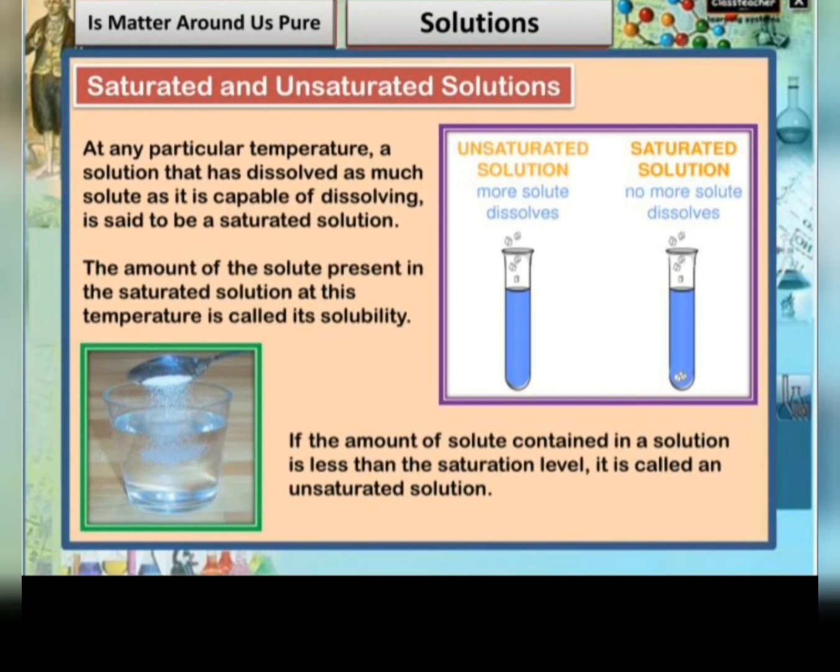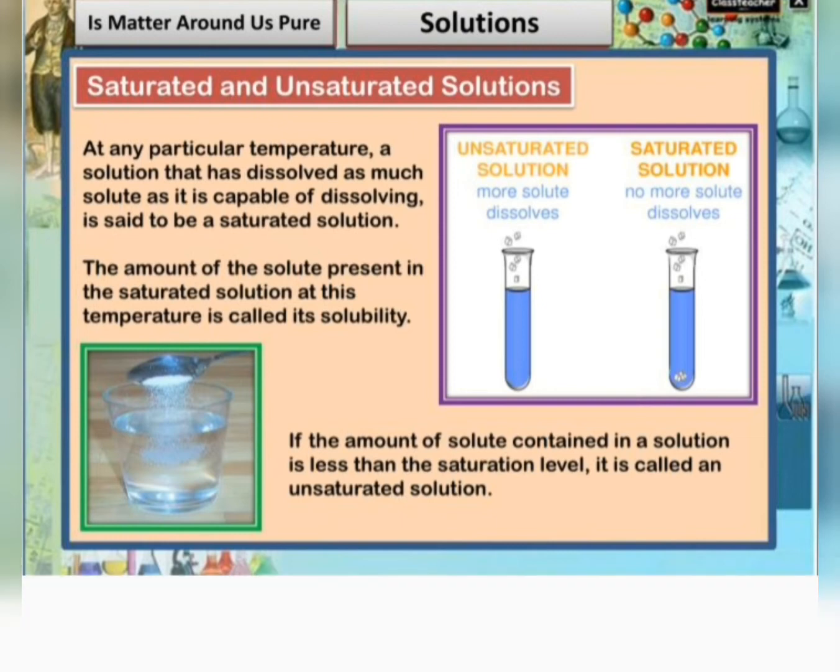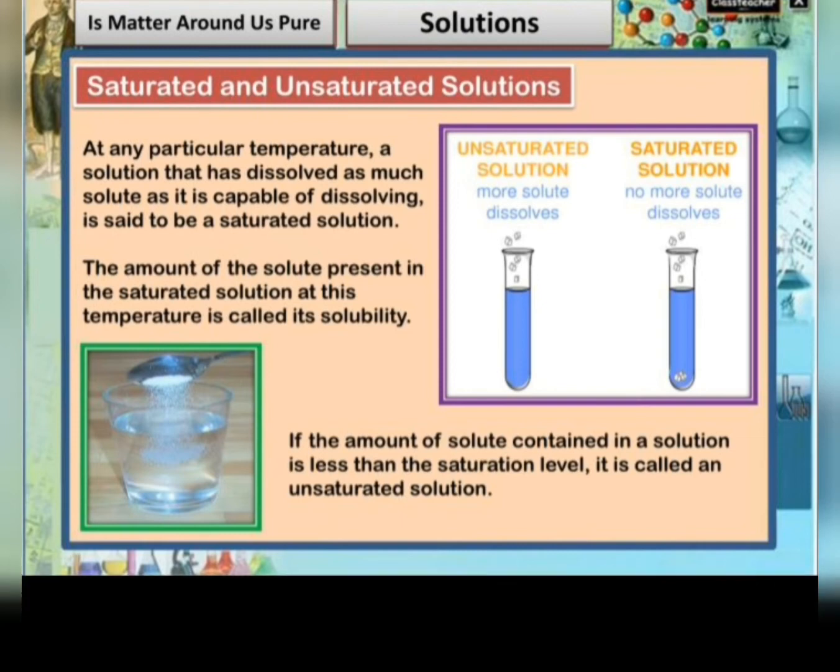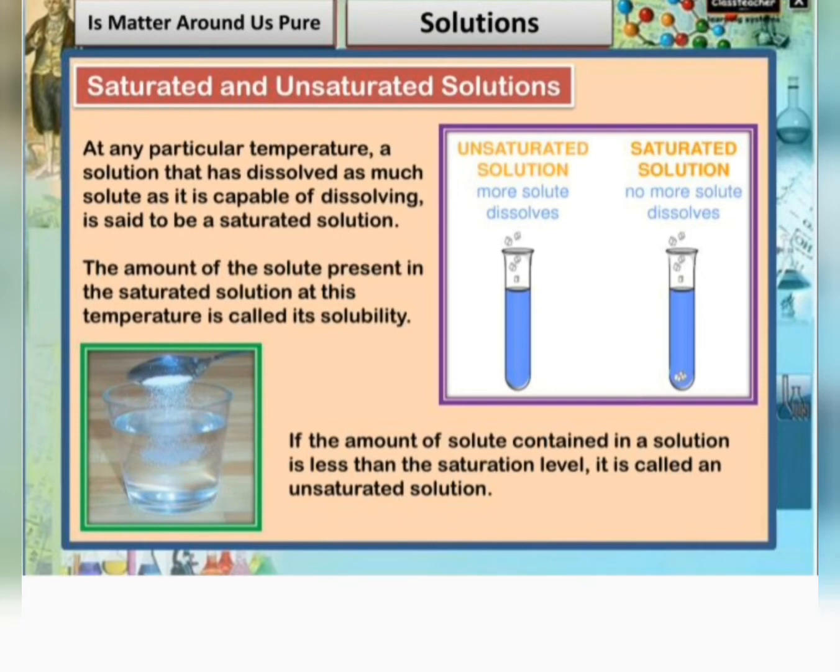So for example, again, if you are having an aqueous salt solution and you are adding salt and you see that the salt is getting dissolved, you added 2 spoons of salt, it got dissolved. You have added 3 more spoons of salt, it also got dissolved. So it means the solution is unsaturated. But a stage is reached when you are adding more salt, but now the salt is not getting dissolved.